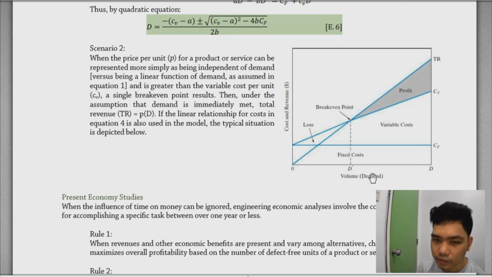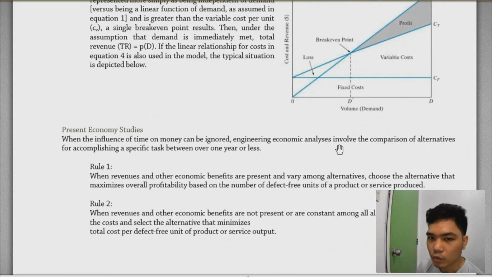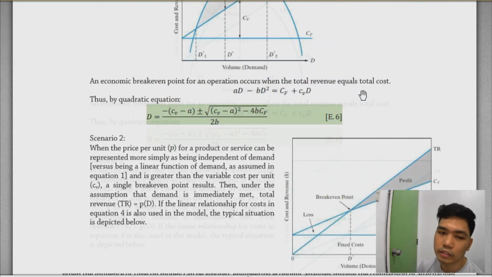So with that being said, they have to produce a lot of these face masks, and the trend of this price demand equation would still be linear instead of the one that looks like this one. So ganun yung difference natin scenario 1 and scenario 2.